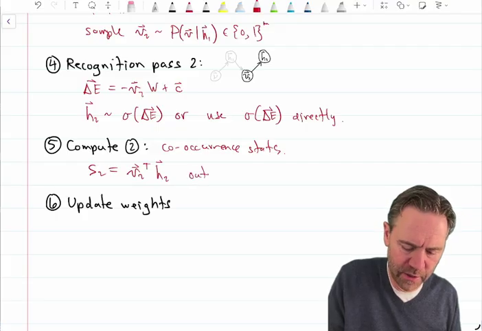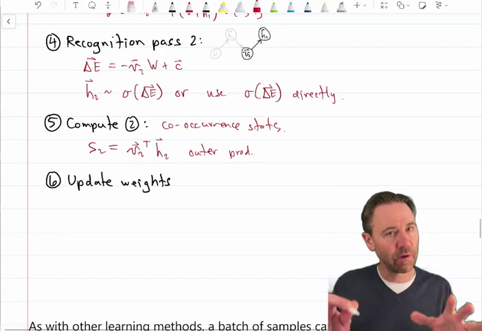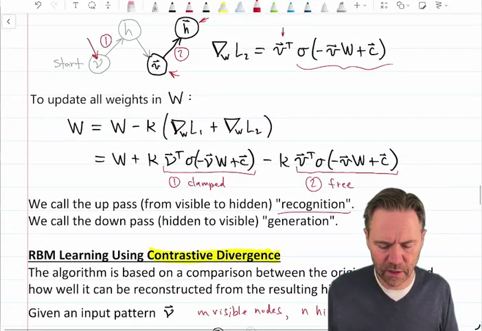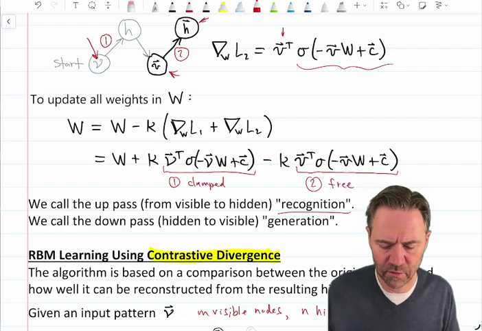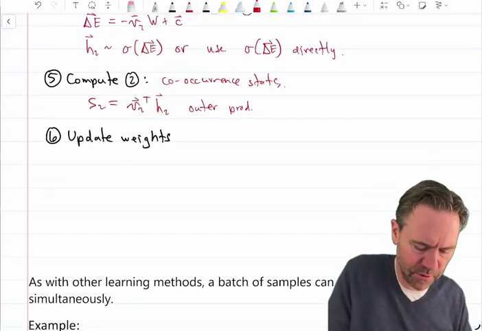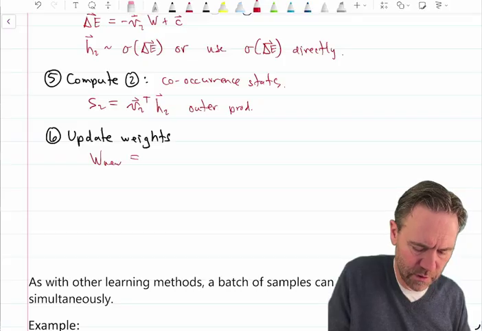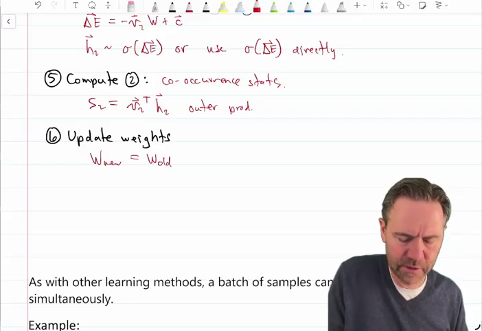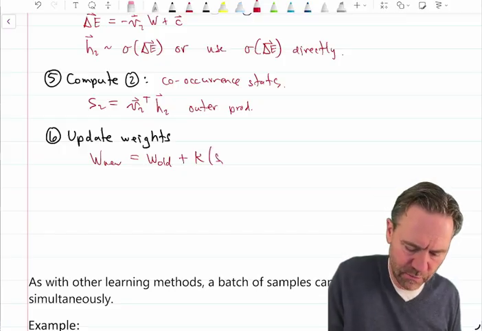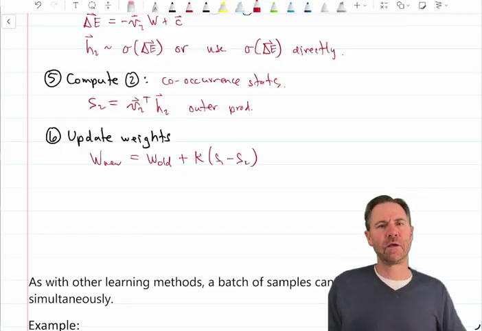And again, it's an outer product. Great, we have S1 and S2. Those are basically those two terms, term 1 and term 2. So we update the weights. W new is W old, the weights, plus kappa times S1 minus S2. Why plus?